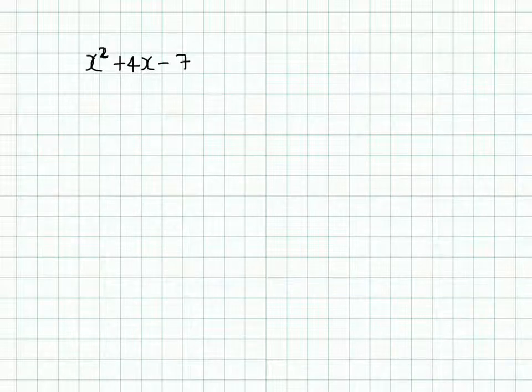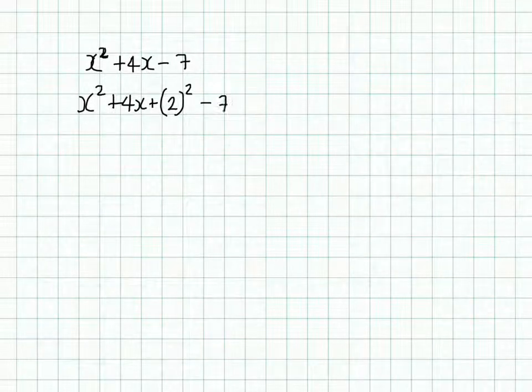Okay, now let's go through solving this following the rules that I've shown you on the previous page. Well, since the coefficient is already 1, I can start completing the square. The coefficient of x is 4. So my first job is to find half of it, and then I'm going to add that back in. So I'm going to now get x squared plus 4x plus, inside the brackets, half the coefficient of x. Half of 4 is 2, and I will square that, minus 7.